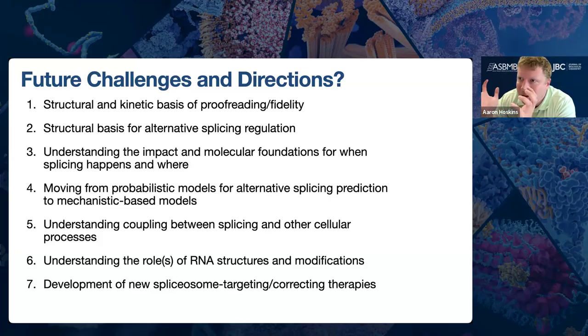We want to go from there to actually molecular mechanisms. Understanding coupling between splicing and other cellular processes, especially transcription and cleavage and polyadenylation, understanding the role of RNA structures and modifications, and of course, continued development of new spliceosome targeting and correcting therapies.